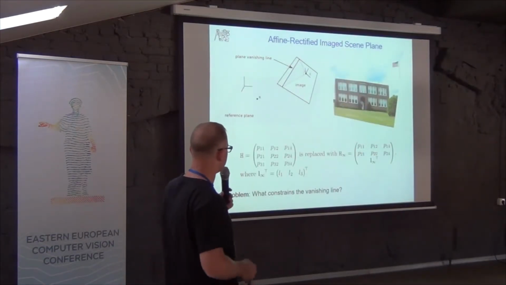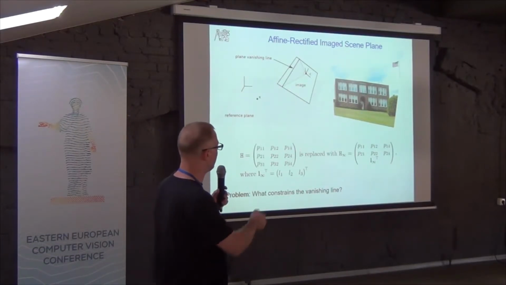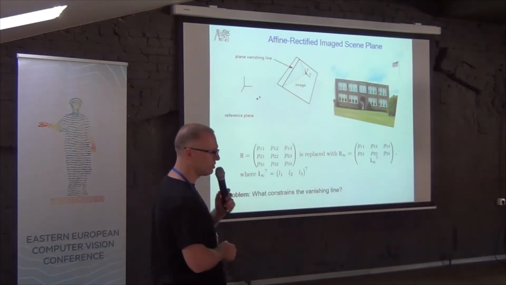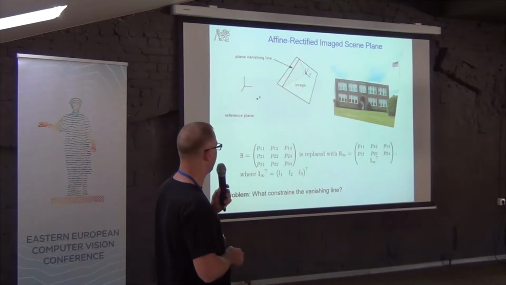Well, the trick is this: you search for the vanishing line in the image. In this particular example, it was that green line in the original image that was going across here. So you search for this, and then you take the z vector and transform it so it's normal to the plane connecting the center of projection to the vanishing line.